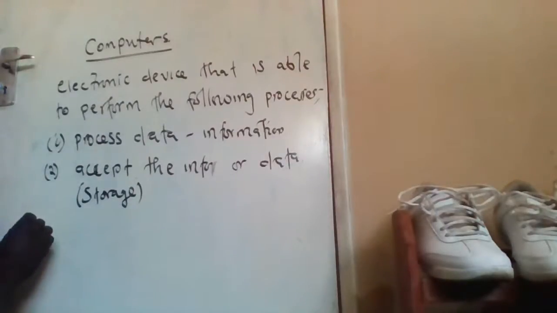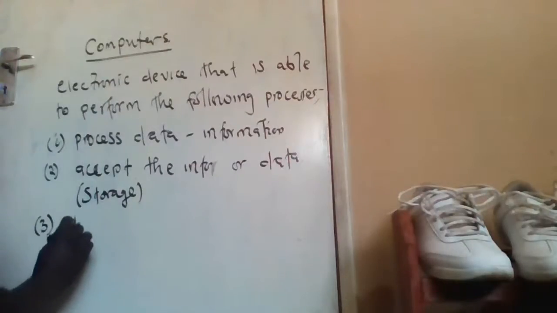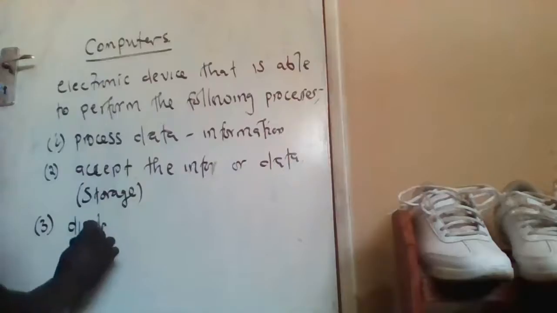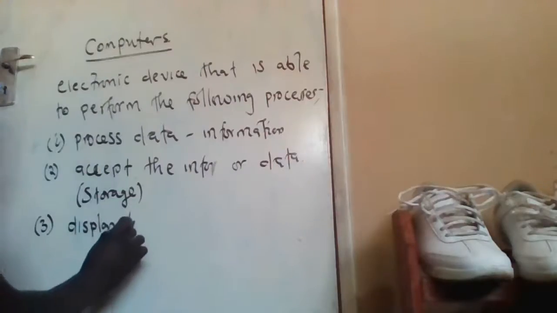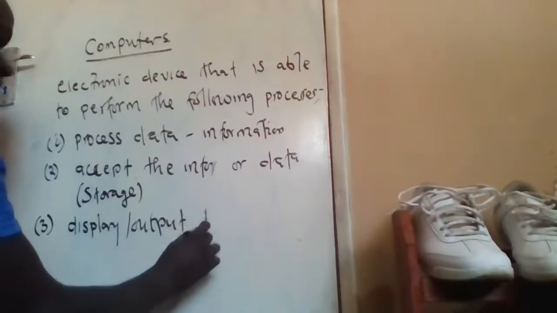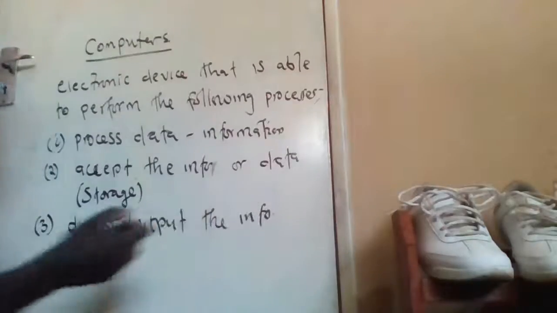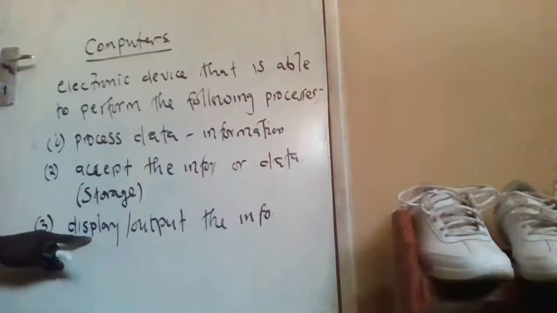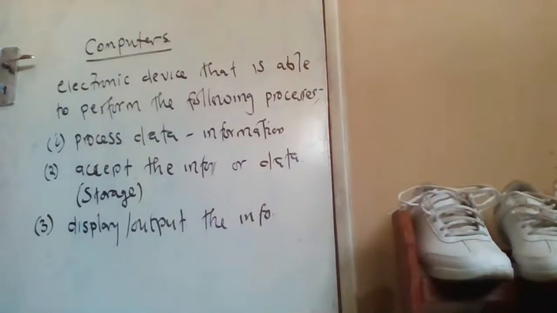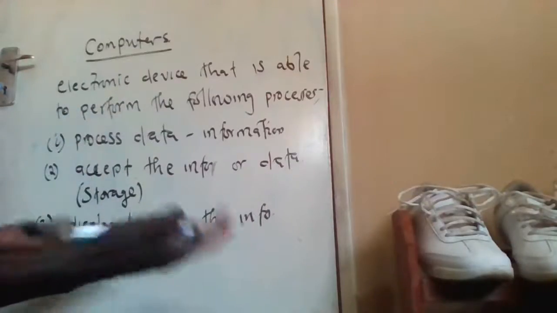The other thing it should be able to do is display our output, the information. What I mean is that the computer should have a component somewhere which is able to show what you are doing.